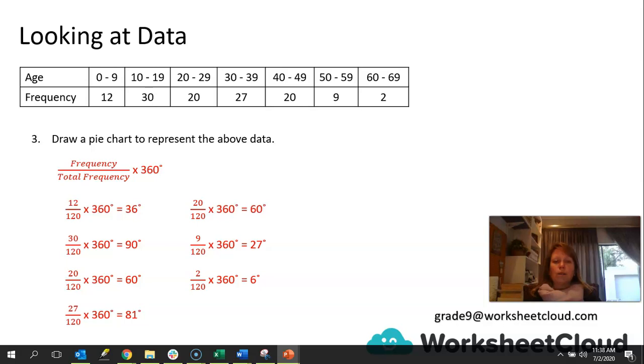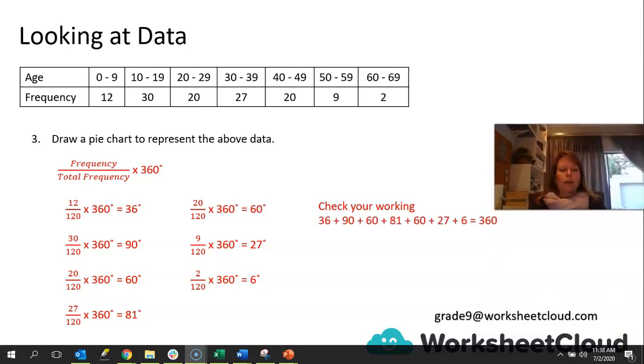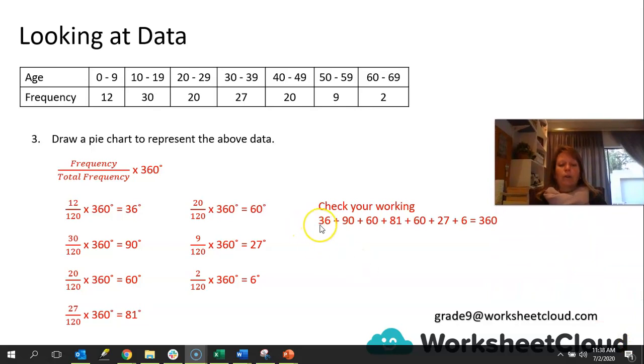But let's get on and actually draw our pie chart. So, first of all, let's check the working. What you would need to do here is add up all your degrees and make sure it comes to 360. So let me just move myself out the way. There we go. We've got 36 degrees plus 90 degrees plus 60 plus 81 plus 60 plus 27 plus 6.